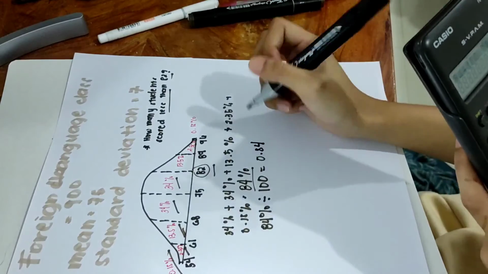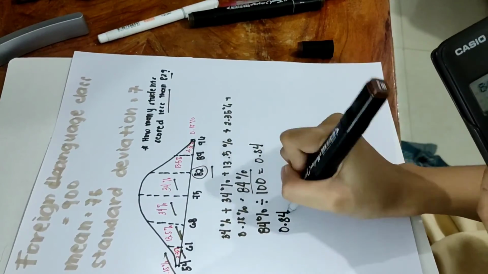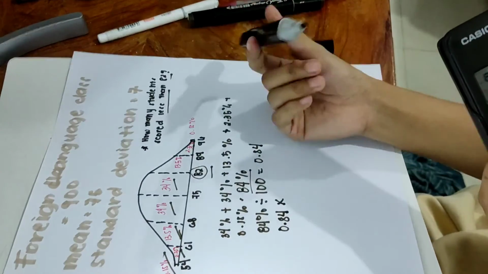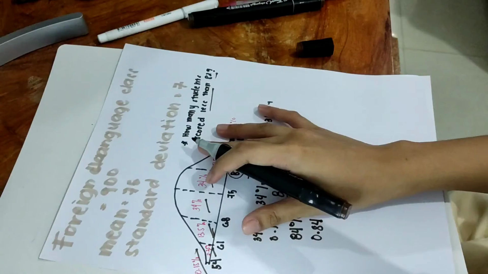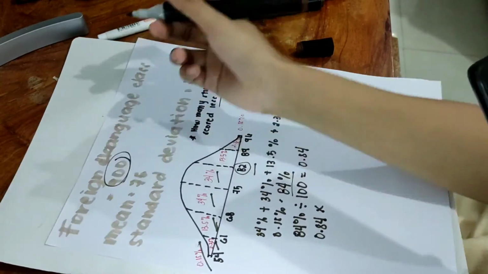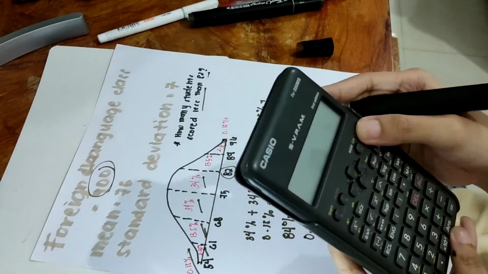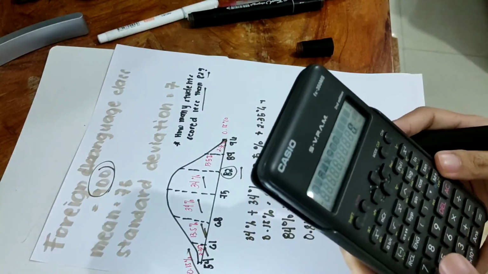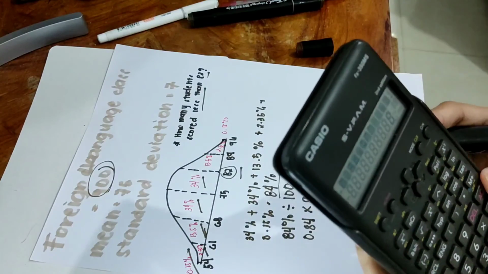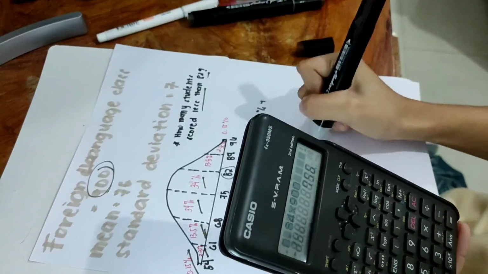0.84. And then, next step, you need to multiply the 0.84 to the number of students in foreign language class, which is 900. 0.84 times 900. We'll get a total of, that's right, 756.